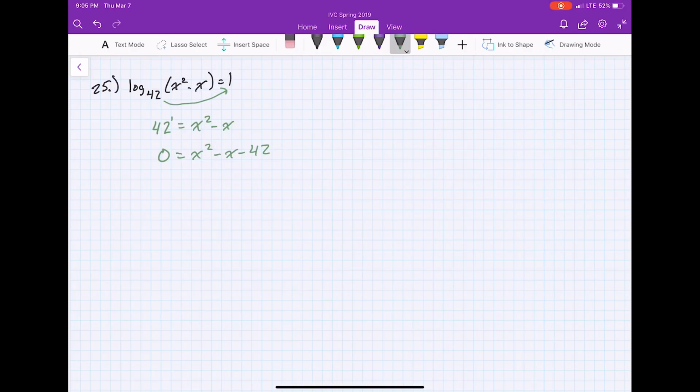Holy smokes. What? It's going to be x minus something and x plus something. It's 7 times 6 gives us 42. x minus 7.